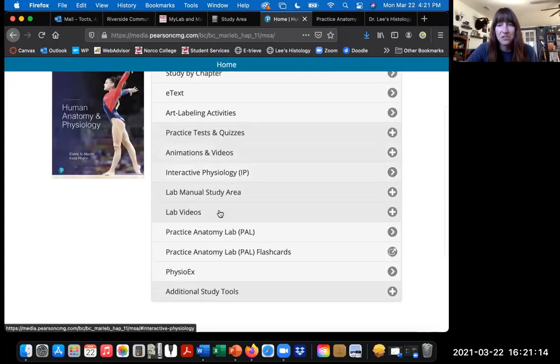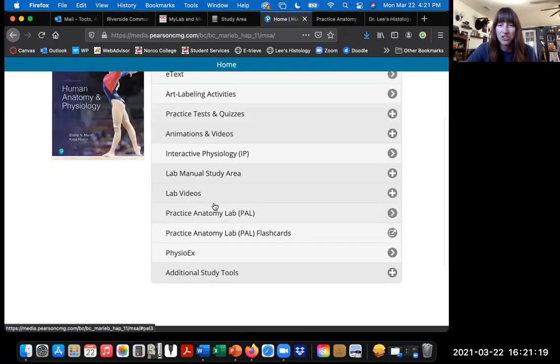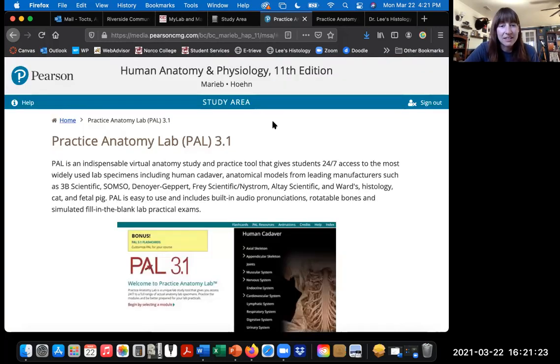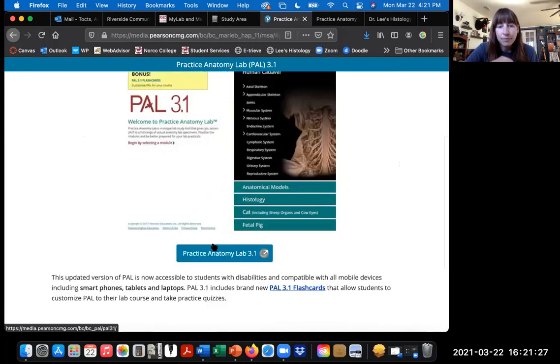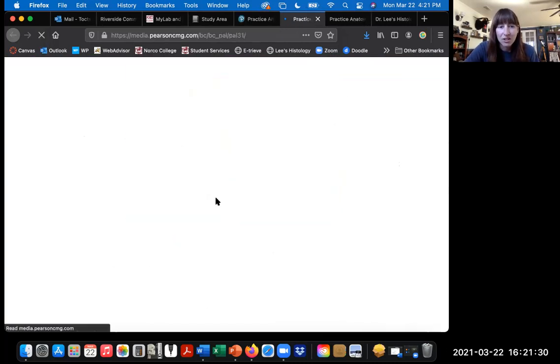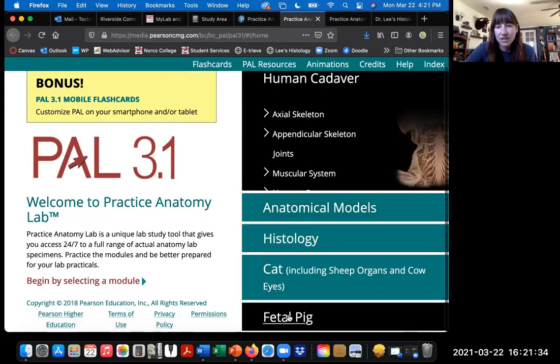You should have been introduced to this in our first assignment, which was kind of an introduction to my lab in mastering. But the study area is great. This is the Practice Anatomy Lab, where you can look at stuff from various different species, including a human cadaver.